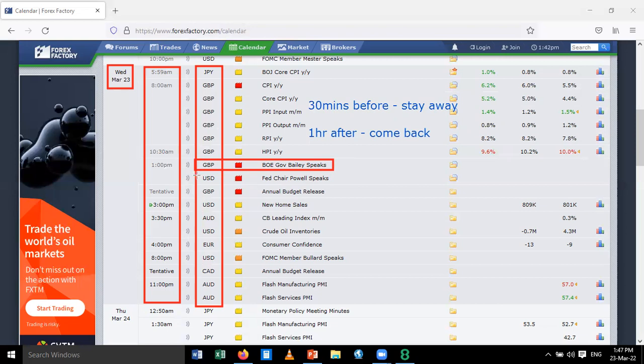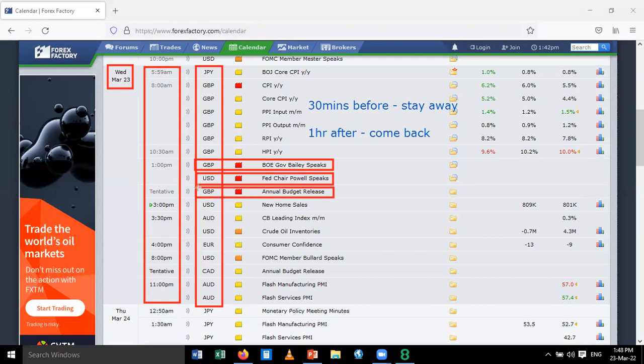USD also, at the same time, the Fed chair, Mr. Powell, is making a press statement in the United States. At the same time, GBP also released their annual budget. All this has high impact news on the respective currencies. All of these things took place at 1 p.m.